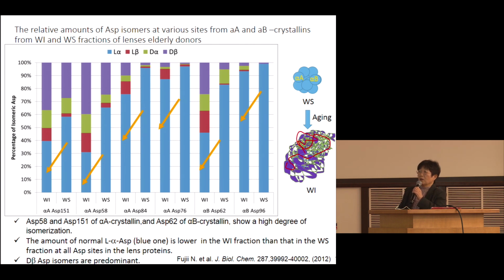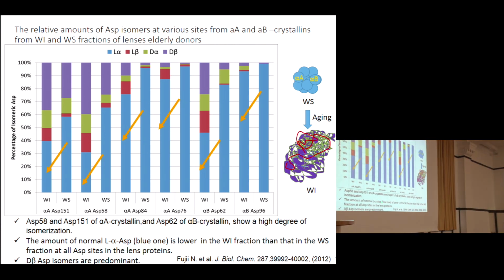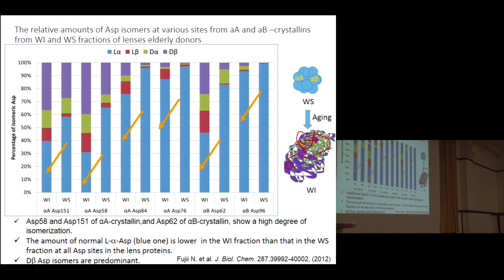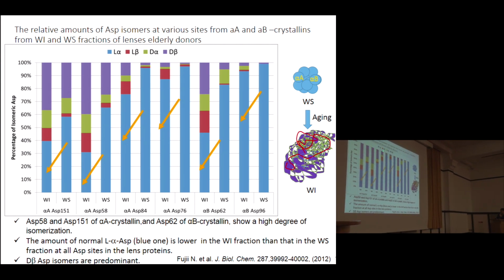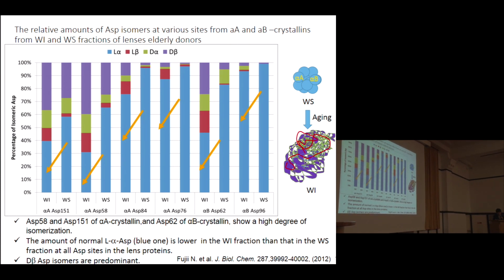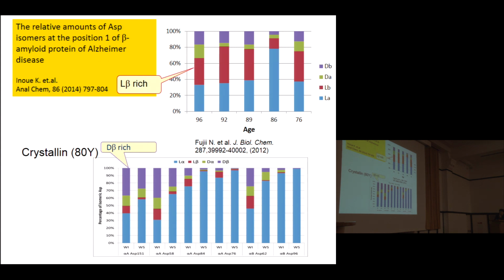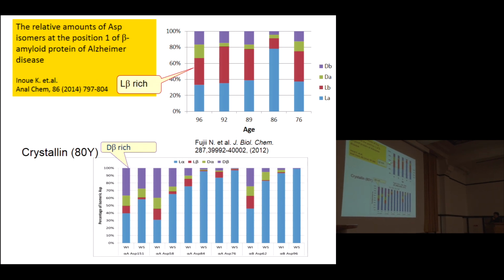And so the amount of normal L-alpha aspartic acid residues is lower in the water insoluble fraction at all ASP sites. And among these abnormal isomers, D-beta aspartic acid isomers are dominant. Here is the relative amount of ASP isomers at positions of beta amyloid protein in Alzheimer's disease.